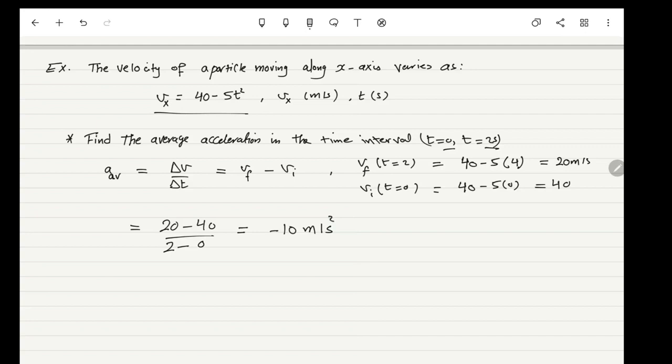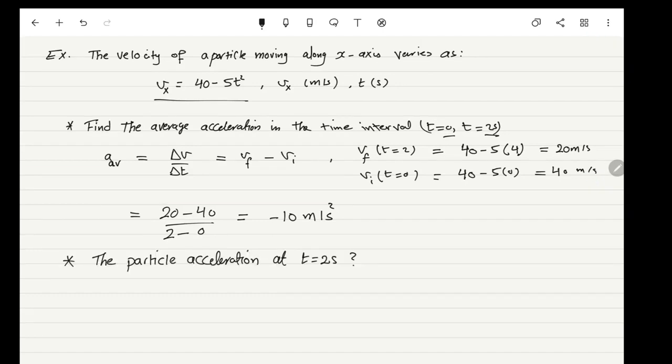Remember, the minus sign is because the object is decelerating and the velocity of the object is decreasing, because the final velocity is 20 and the initial velocity is 40 meter per second in this case here. Now, what is the particle acceleration at t equal to 2 seconds?